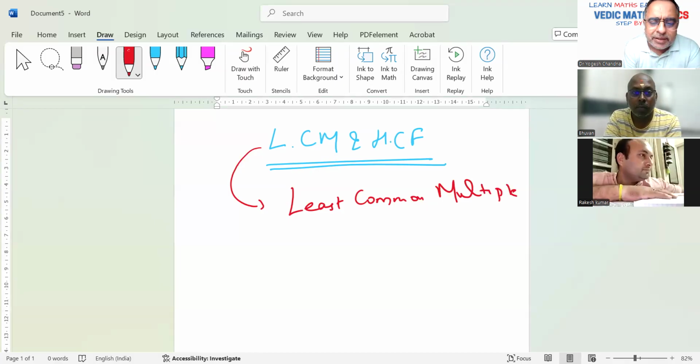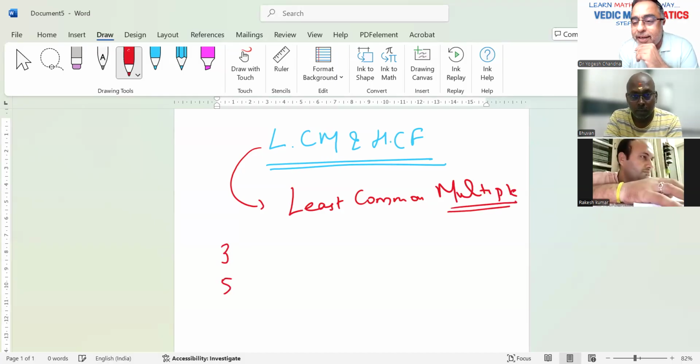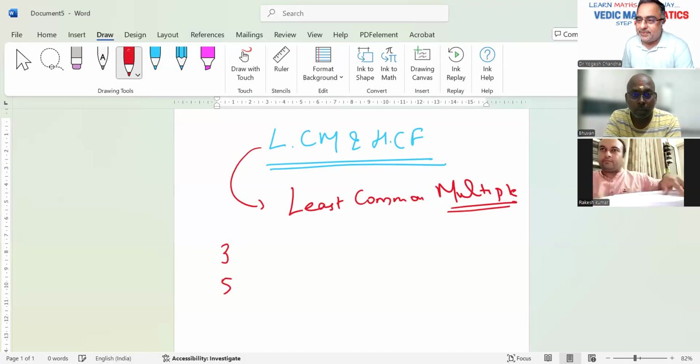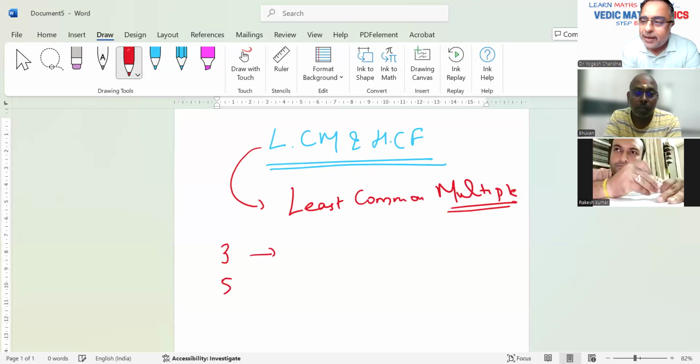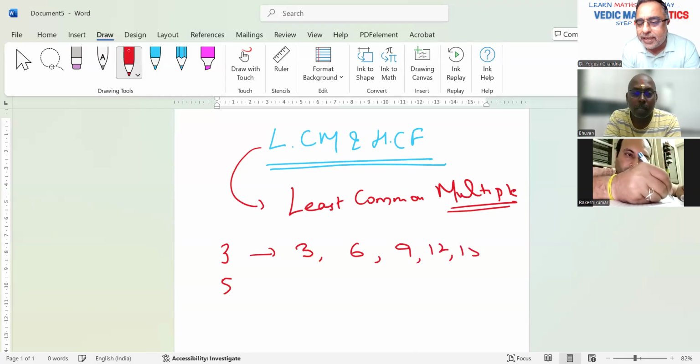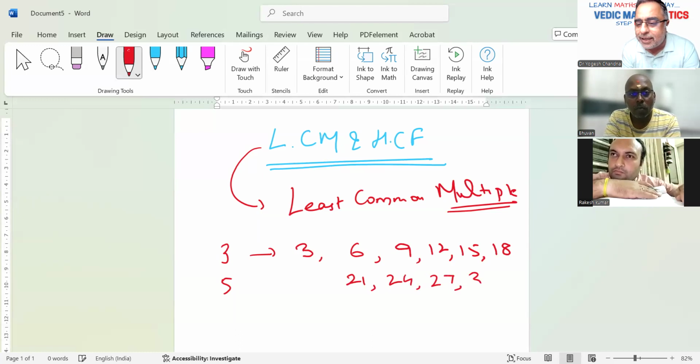Now, we say least common multiple. Let's take the example 3 and 5 only. So what is the word? It is multiple. If I talk about multiples of 3, 3 is one multiple, 6 is another, 9, 12, 15, 18, 21, 24, 27, 30 and so on.